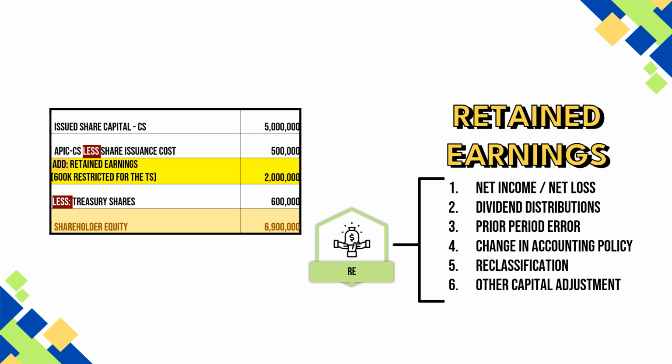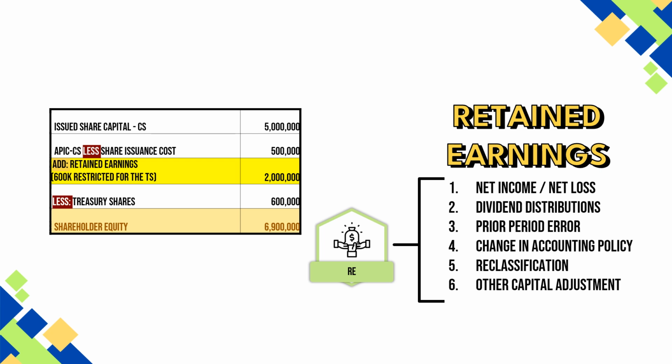The last thing is your retained earnings. Your retained earnings actually is something that we're very familiar with. Remember your statement of changes in owner's equity. Yung retained earnings nyo is just basically your net income for the year and then adjusted by the following things. Now, it looks complicated, but honestly, I will not parang bother teaching prior period errors, changing an accounting policy, all the way to reclassification.